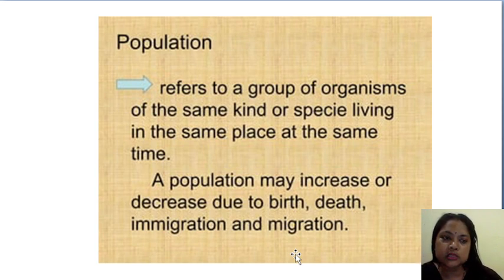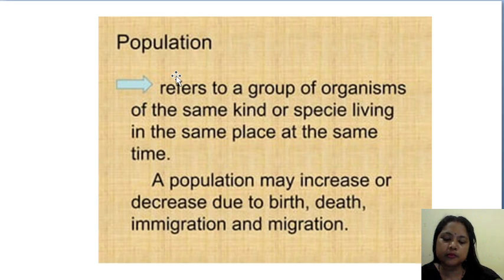Species means a particular organism having the same characteristic features, like Oryza sativa, in which two names are there, one is the specific name, another is the generic name. This is the classification system you have already learned.